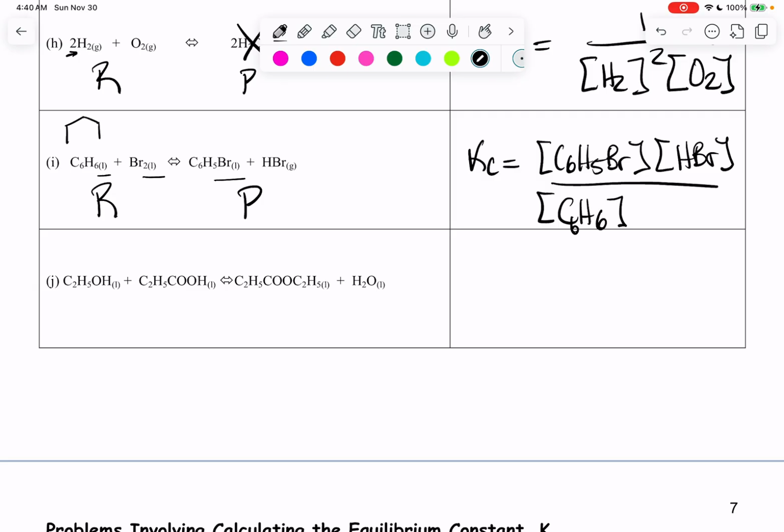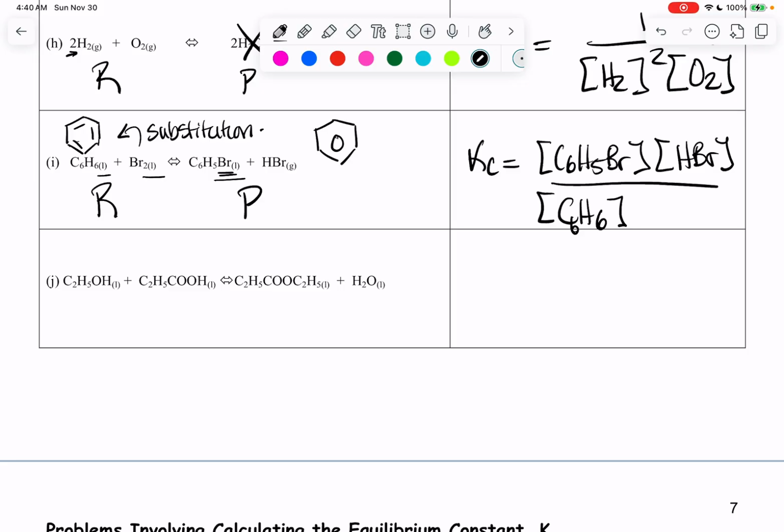So this is likely to bring you back to our organic chemistry, that's likely a benzene ring, and you're doing a substitution to add a bromine to that benzene ring.